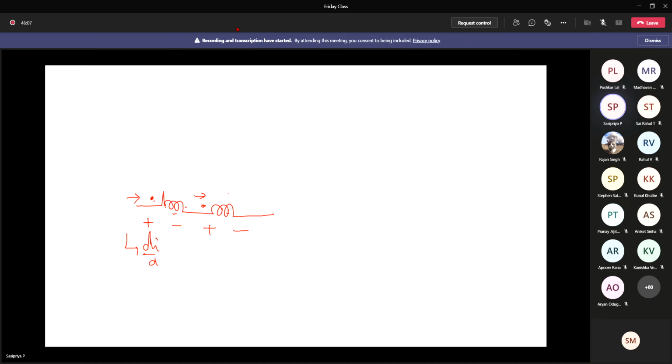Previously, just to understand mutual inductance, we considered only one side connected with the source and the other side open. Whereas here, I have a closed circuit, so current is flowing through both coils. Due to this current I'll have the mutual voltage here, and due to this current I'll have the mutual voltage here. Now we are trying to find the polarity of this mutual voltage.